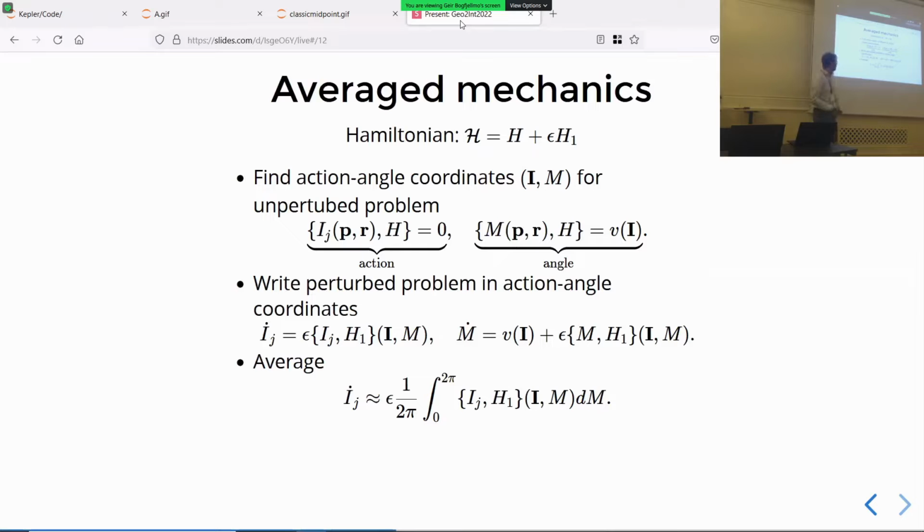These I's describe which orbit I'm on, and those are the action coordinates, and the M is going to tell you where I am on each orbit.